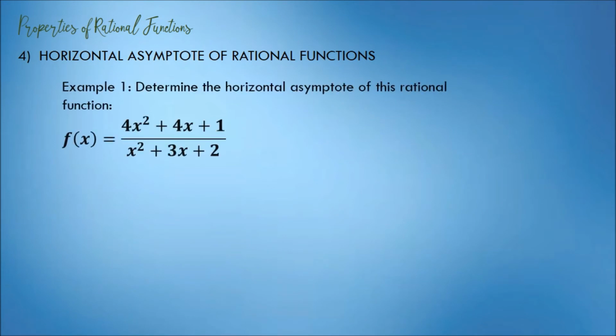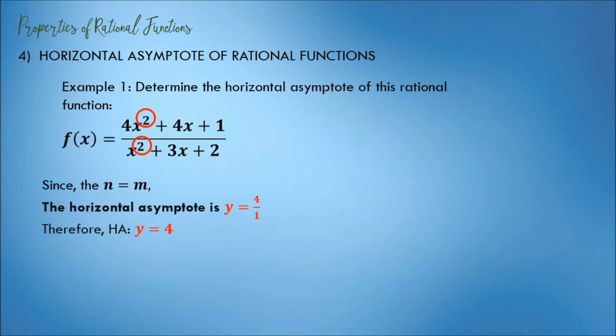Example number 1. Determine the horizontal asymptote of this rational function. f of x is equal to 4x squared plus 4x plus 1 all over x squared plus 3x plus 2. Since the degree of numerator is equal to the degree of denominator, the horizontal asymptote is y is equal to the leading coefficient of the numerator over the leading coefficient of the denominator.